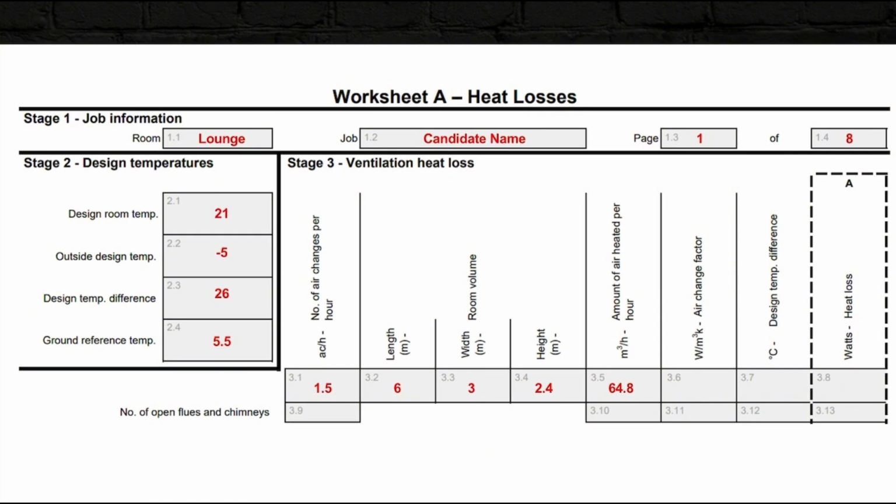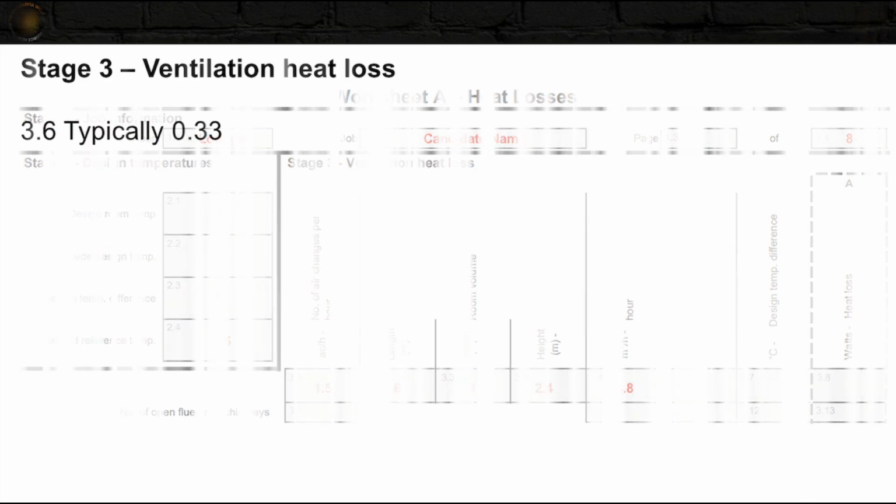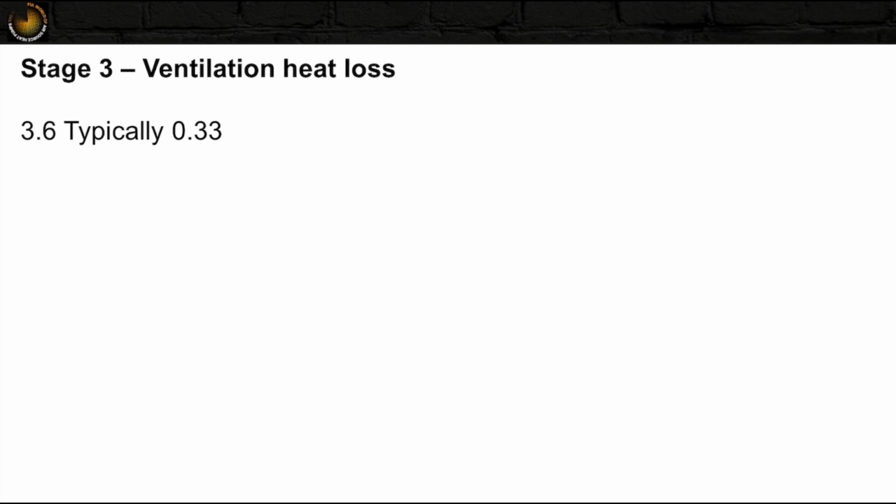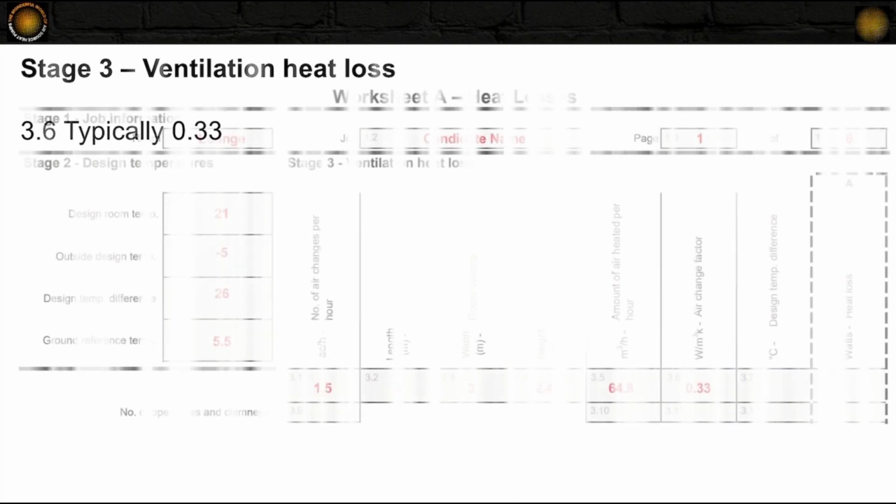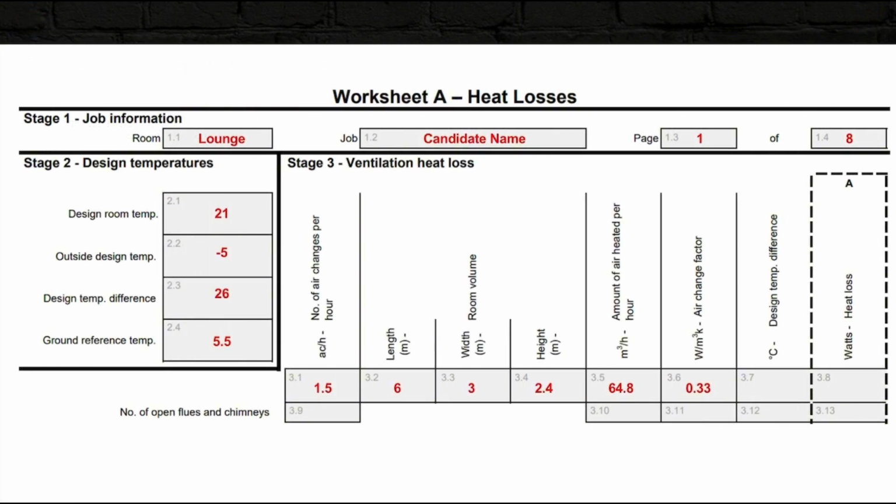Box 3.6 is then our air change factor, and that is the specific heat capacity of air, which is a constant 0.33. Box 3.7 is then our design temperature difference, which was the 26 degrees from box 2.3, the difference between our outdoor design temperature and our indoor.